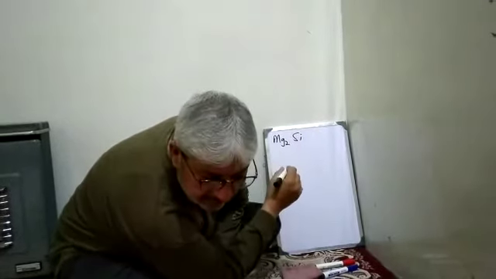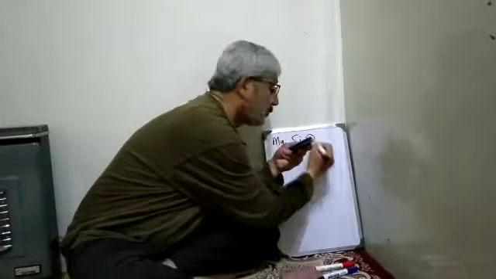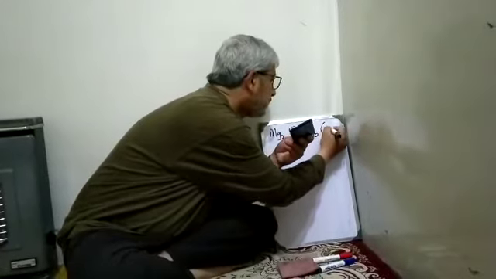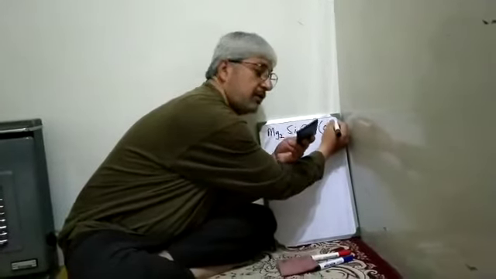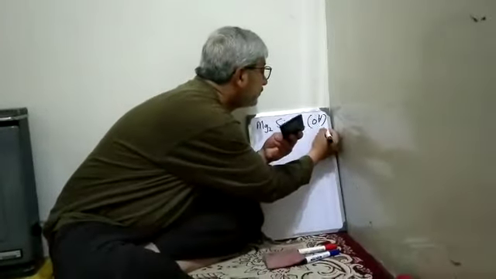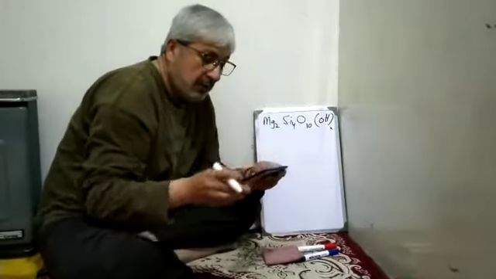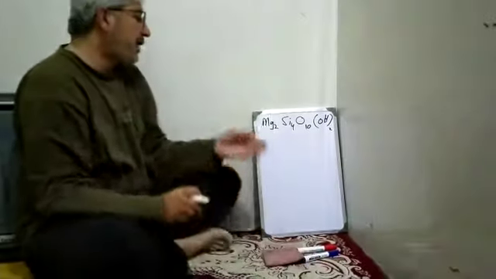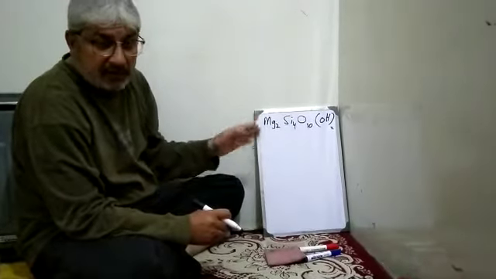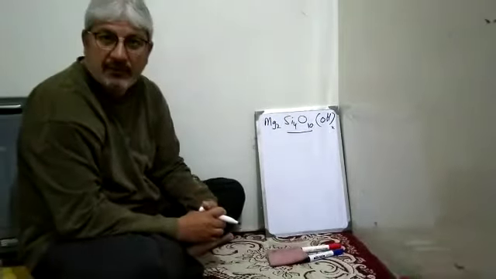Mg3Si4O10(OH) twice. Now in this formula you have to find the charge on Si4O10.